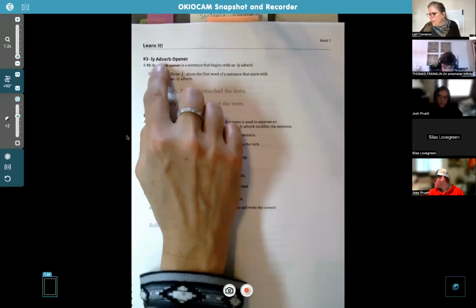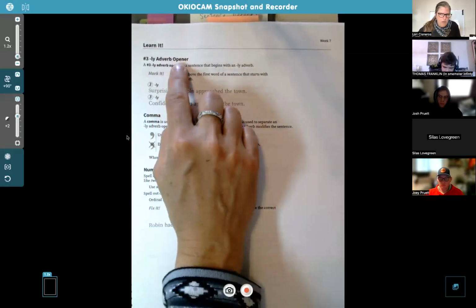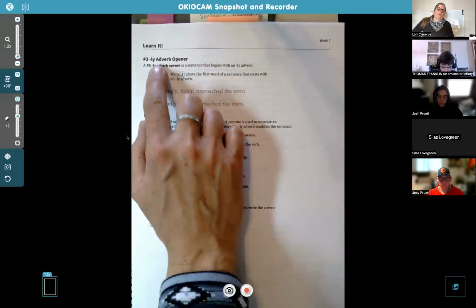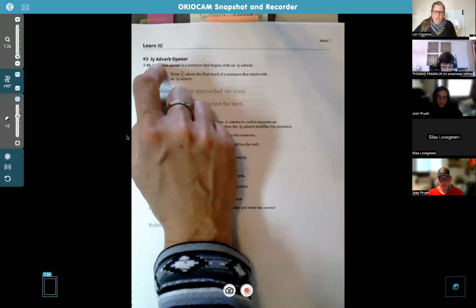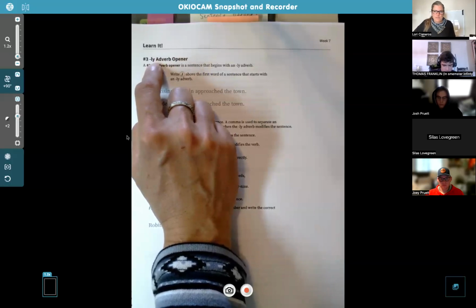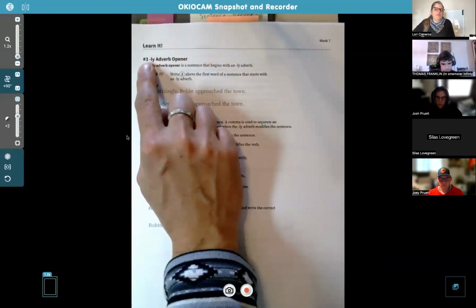So the ly adverb opener is the first opener you're going to learn. There are 6 openers altogether, and this is number 3. And they started with number 3, and it'll make sense as we go through these, but this one's probably the easiest one, but it's not the most common one. So that's why they have it number 3, I guess.